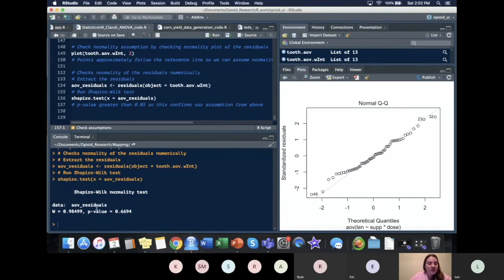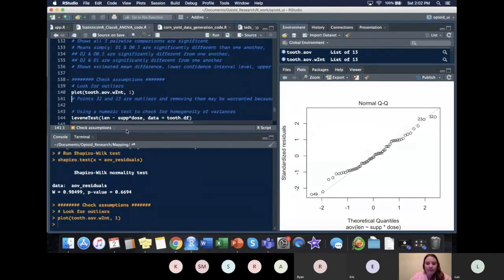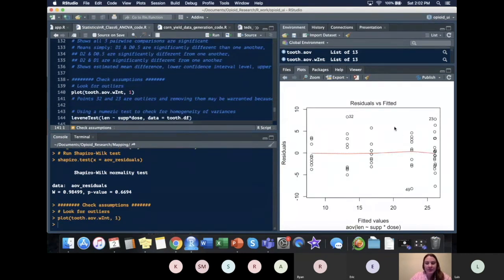So our residuals are showing that our data is normal. Given that I see this, the outliers that I saw here are probably not a big deal. They're not far enough out to affect our results, especially because we're seeing such a high p-value here. So now that we have that piece of information, don't worry about those outliers.